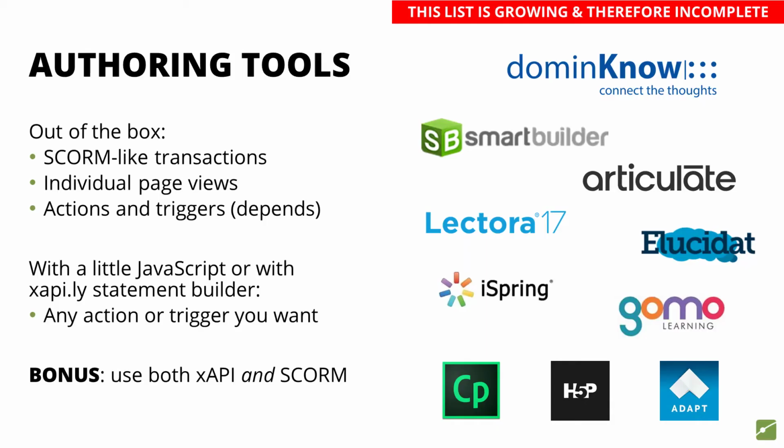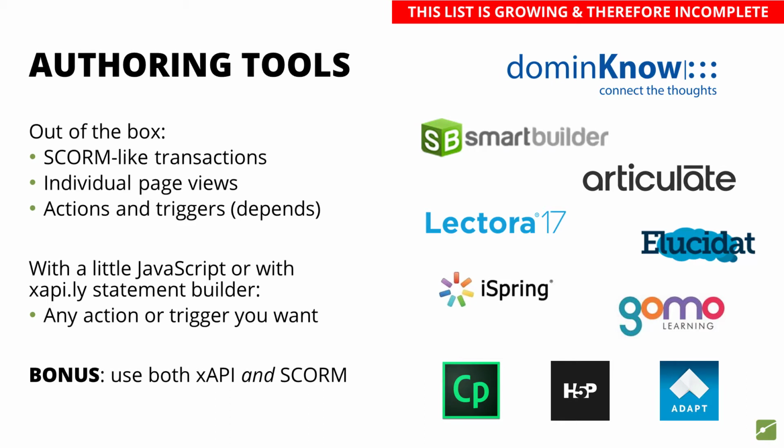Let's start with the thing most likely for us in the e-learning space, or if you're in the instructional design space, your e-learning authoring tools. As you take a look at these, I am sure you will find something you recognize. Most of them are going to send data that looks a lot like SCORM, just expressed as xAPI, which is really underwhelming.